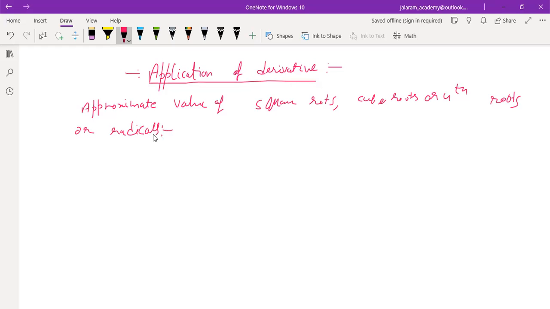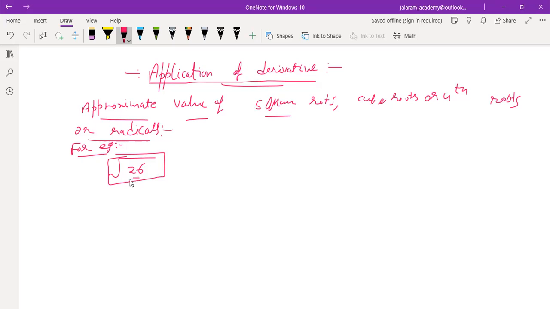So how do we use it to find the approximate value of the square root of a number? Like if we want to find the square root of 26, then we can use this method of approximation in application of derivative.